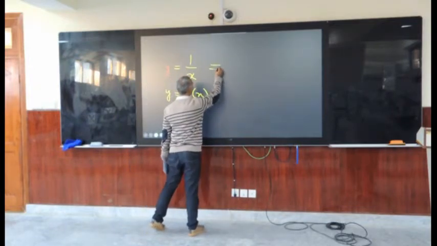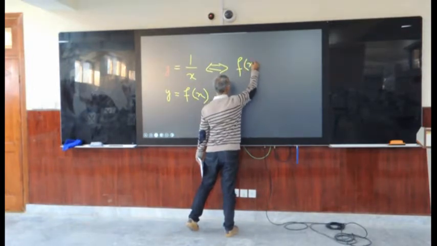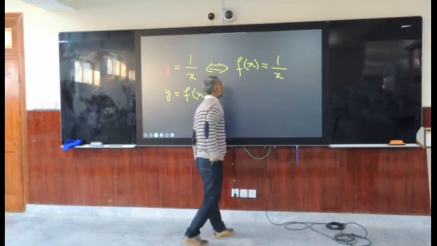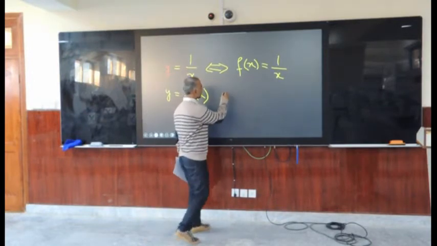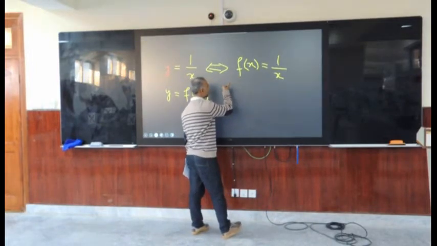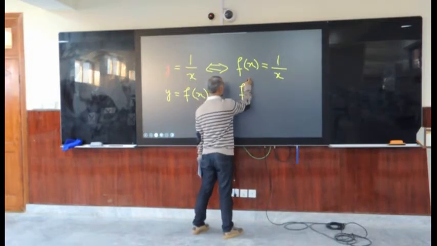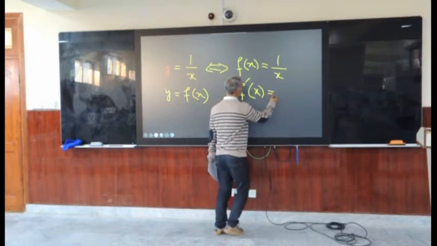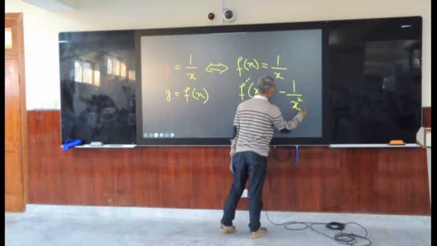We can also represent it as f of x equal to 1 over x, and in previous calculation we observed that taking the limit of this function gives us the derivative, the rate of change, equal to minus 1 over x square.